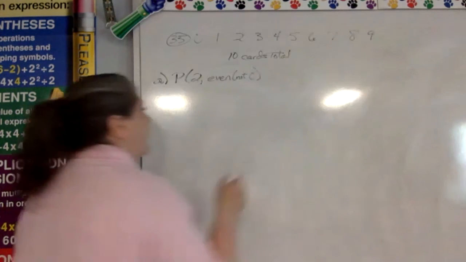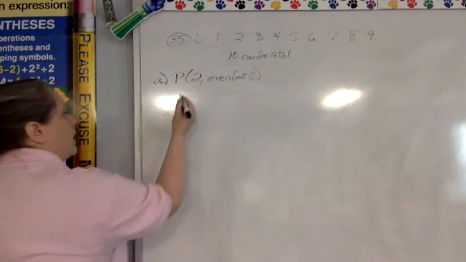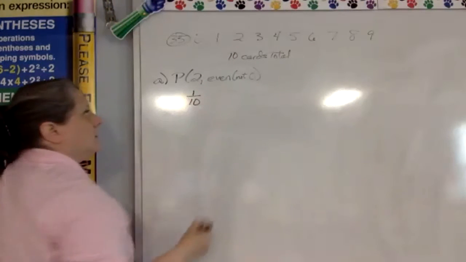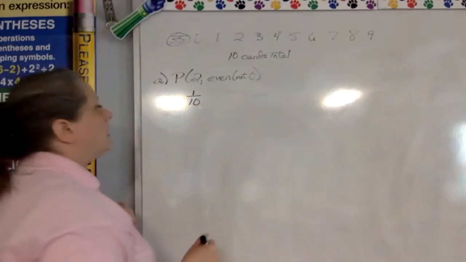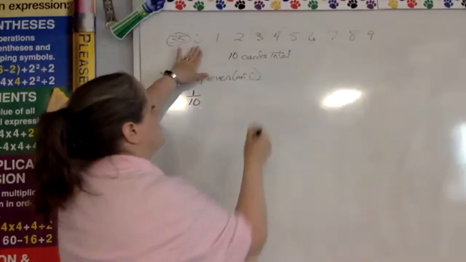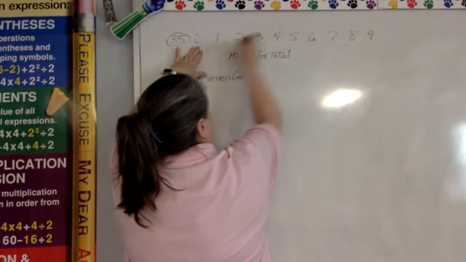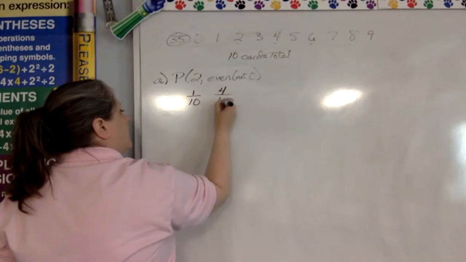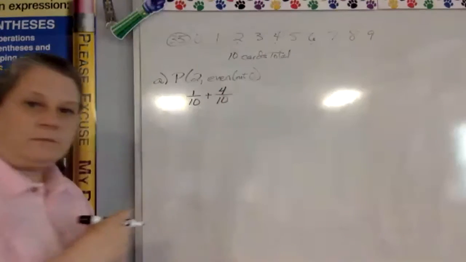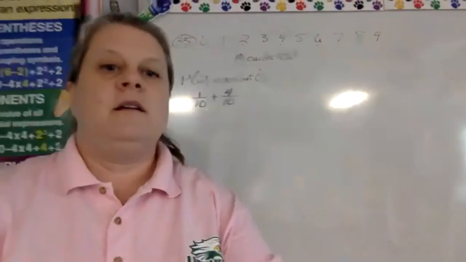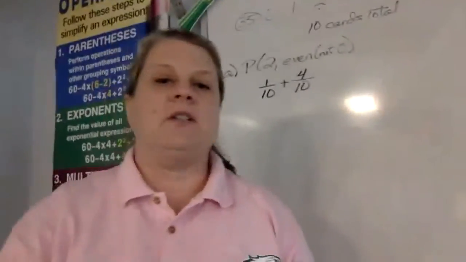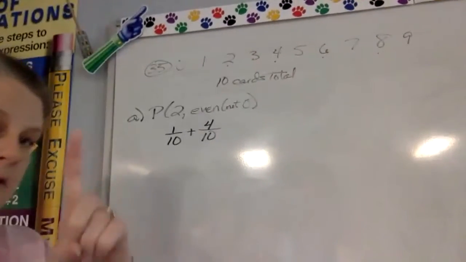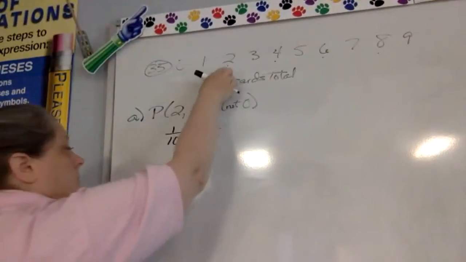Okay, so the way we do this is your probability of getting a 2 is 1 chance out of how many cards? 10. Probability of evens that aren't 0 are 1, 2, 3, 4. So there's 4 chances out of 10 that it's even, right? What's your chance of it being a 2 and even at the same time? 1. There was one of those.